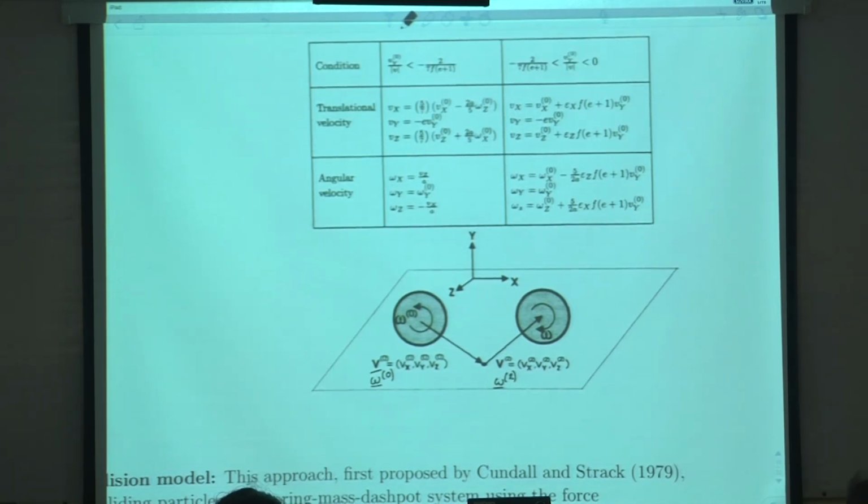Now, if you go one step beyond, what really happens is that depending on the conditions, the shallowness of the angle and the characteristics of the surface, you would expect that when the particle comes in, it might in fact first slide and then start rolling and then bounce off.